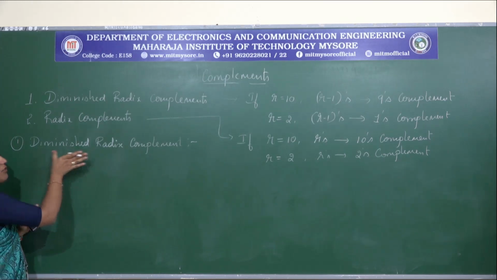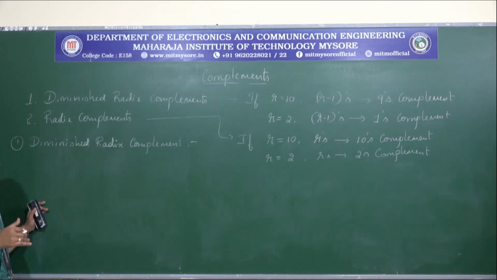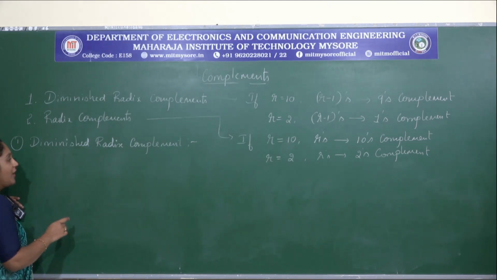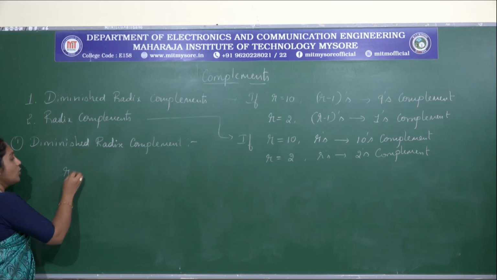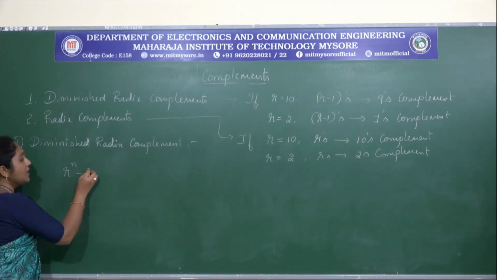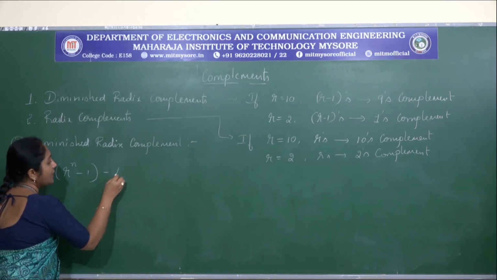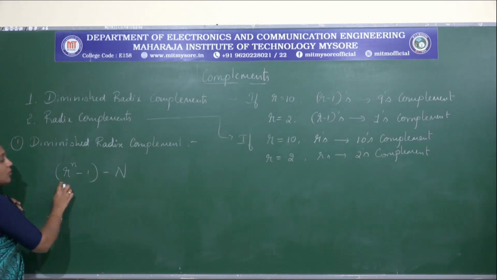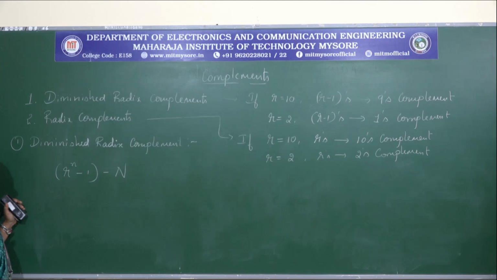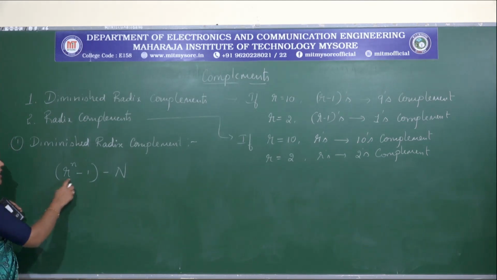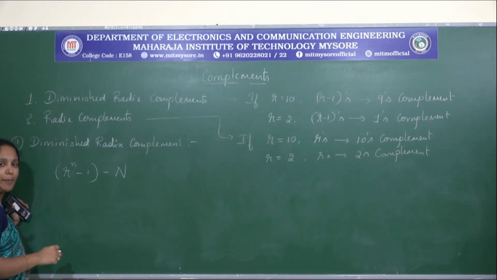This is diminished, therefore we need to consider r minus 1's complement. The generalized formula is r to the power n minus 1, and then we need to subtract N from this r to the power n minus 1.